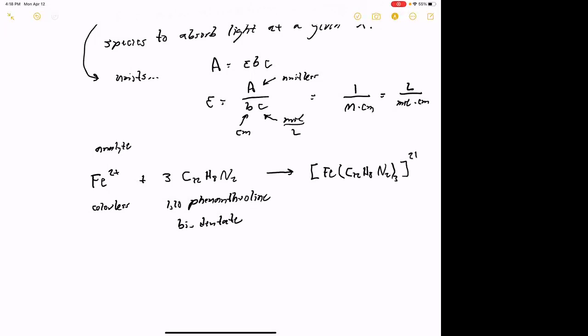And the whole thing is going to carry a 2+ charge because of the neutral charge on 1,10-phenanthroline. And here's the cool thing. It's an octahedral complex. And like lots of complexes or complex ions, it absorbs light very readily in the visible part of the spectrum. So it appears deep orange.